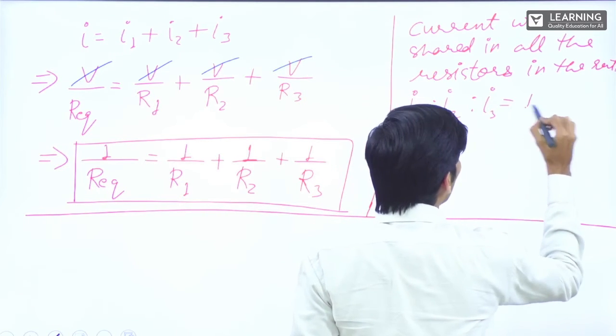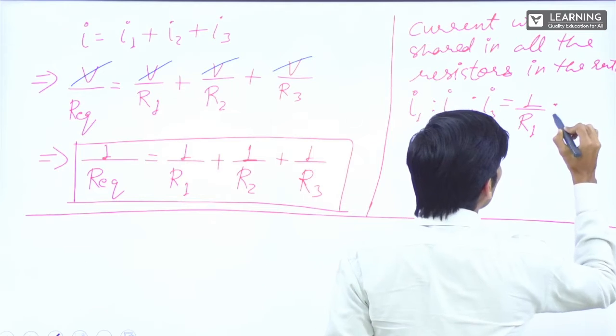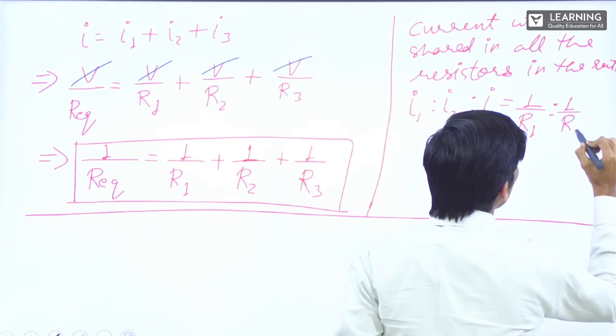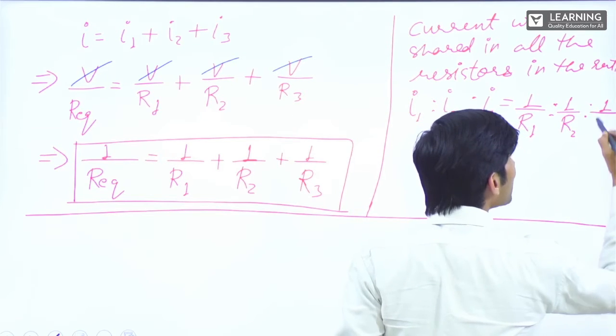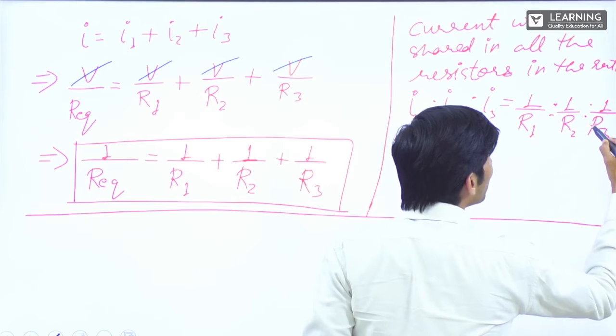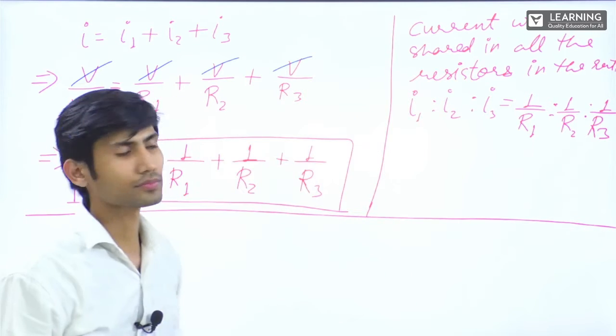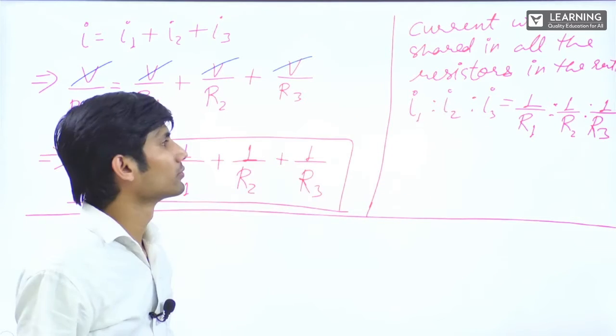That is equal to 1 upon R1 is to 1 upon R2 is to 1 upon R3. In this particular ratio, the current will be distributed. Clear? Note it down.